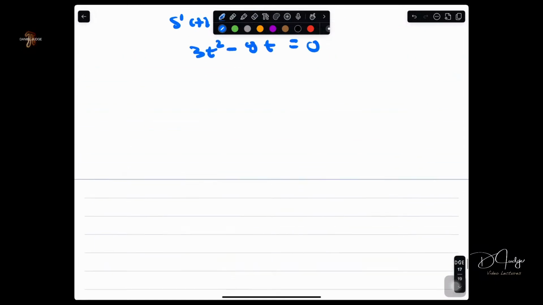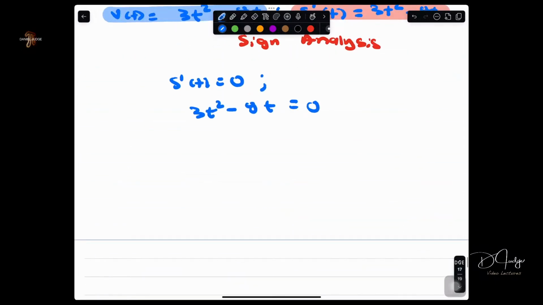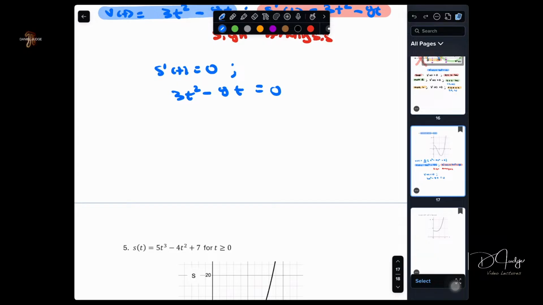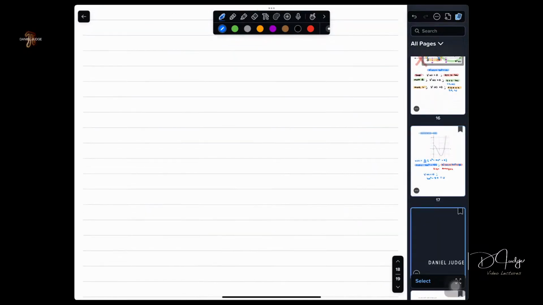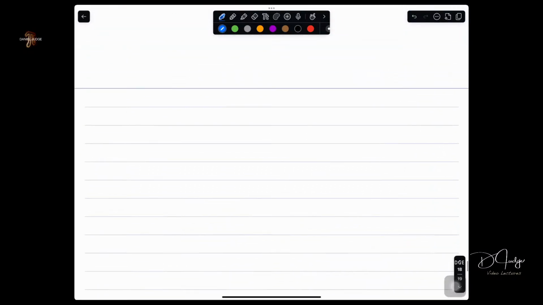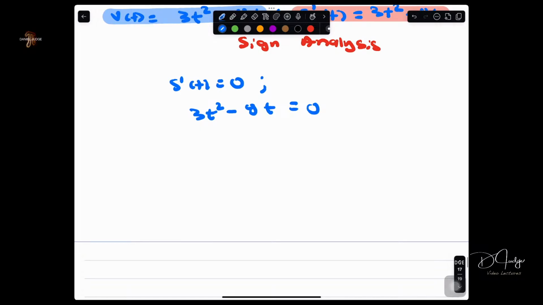And solving for t, we're going to factor. We're going to use the greatest common factor. Looks like t comes out, and you're left with t times 3t minus 8 equals 0.